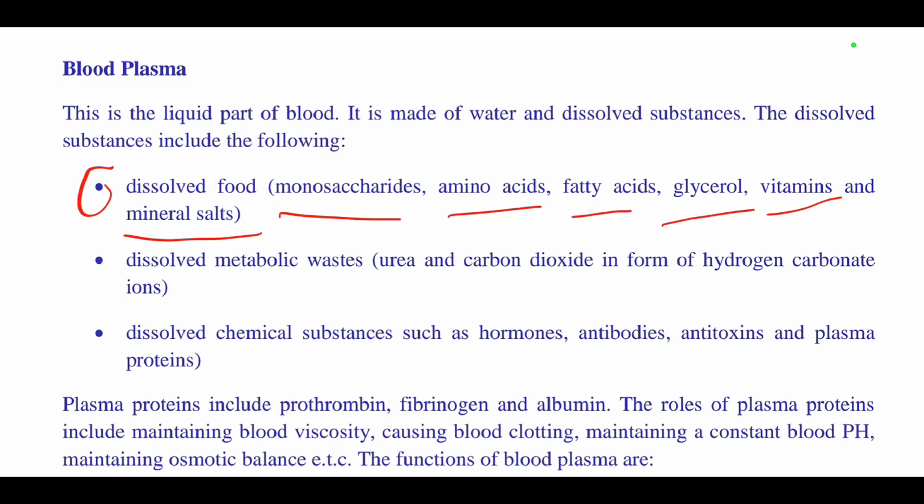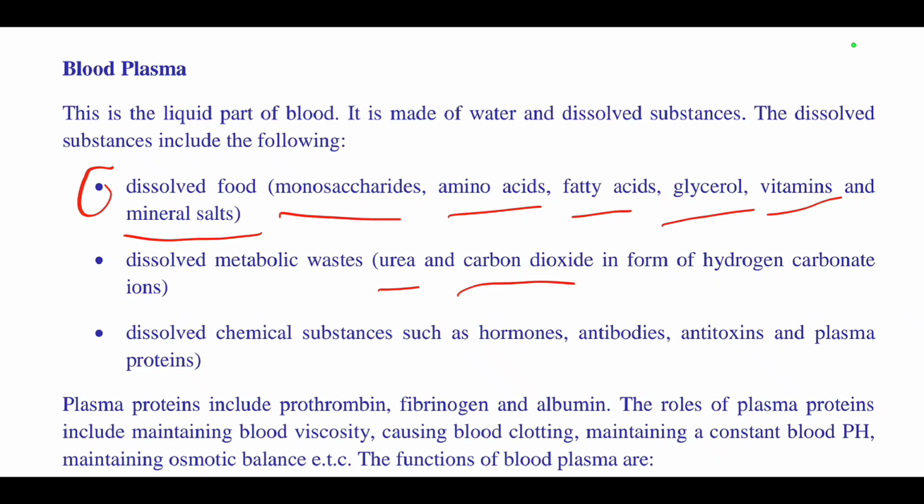These form a part of dissolved food. We also have dissolved metabolic wastes, such as carbon dioxide and urea. Carbon dioxide is in the form of hydrogen carbonate ions.